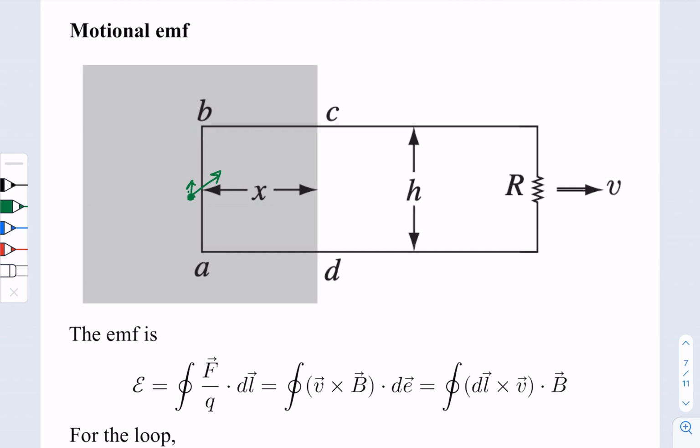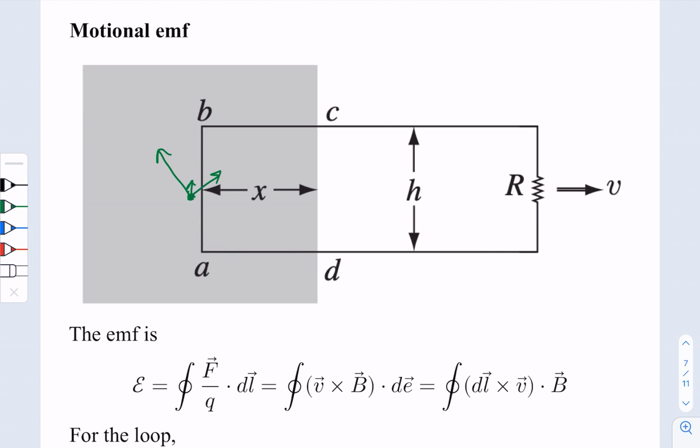Then you will have a final magnetic force pointing along a direction that's also not exactly perpendicular to AB or AD, but this will eventually move the charge along this loop.